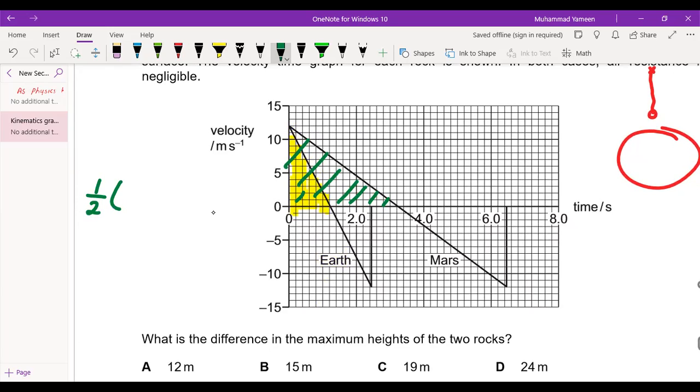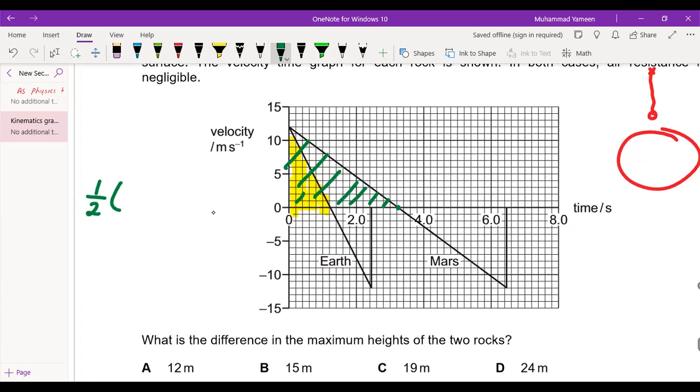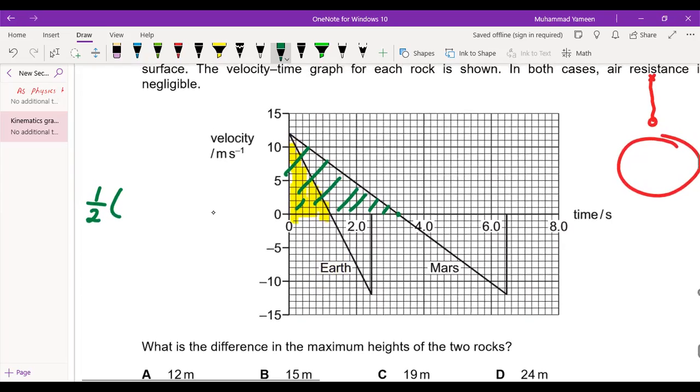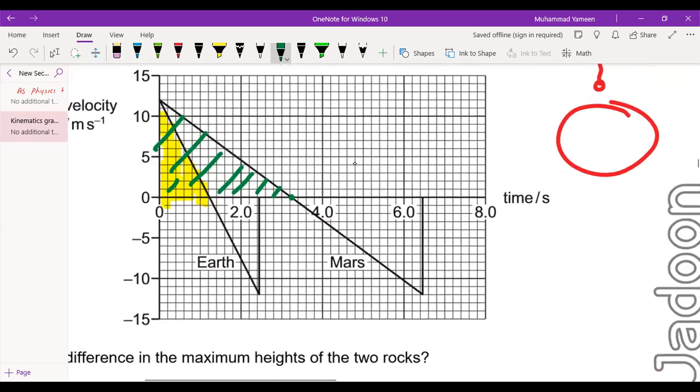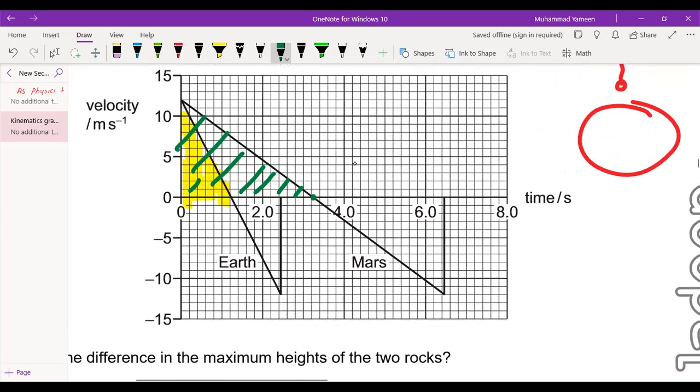The base is, you can see on the horizontal axis, the 10 small divisions are equal to 2. So 1 is equal to 0.2. So that is 1, 2, 3, 4, 5. That is 3, and it is 3.2.